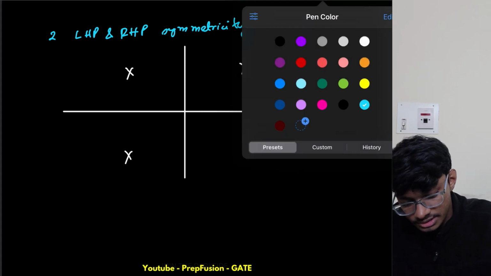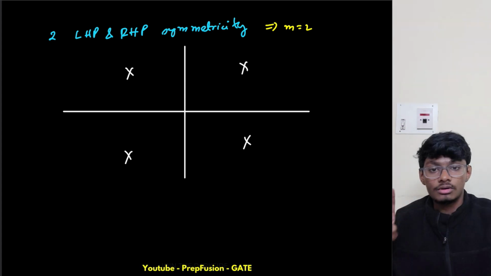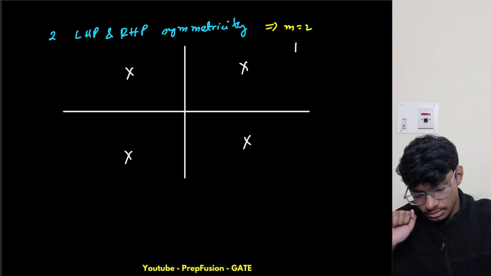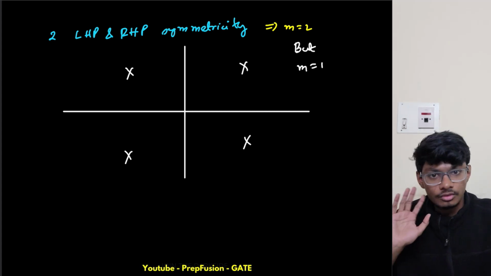What does this mean? This means that my m will be equal to 2, which is not true. My m is equal to 1, hence we will not consider this case.